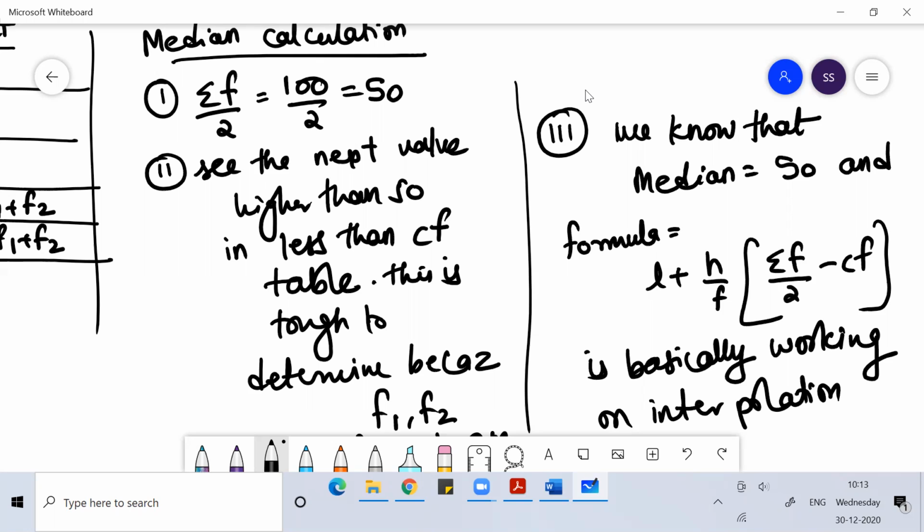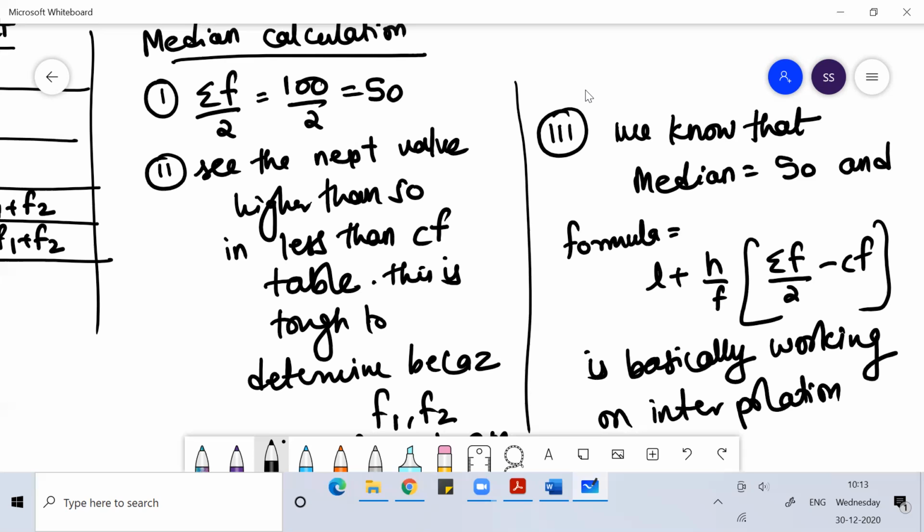We are locating the value between the two class intervals. Please understand this formula. By using it, we try to locate the value of the median. We search within a range, and once we get the range, we search for the value.